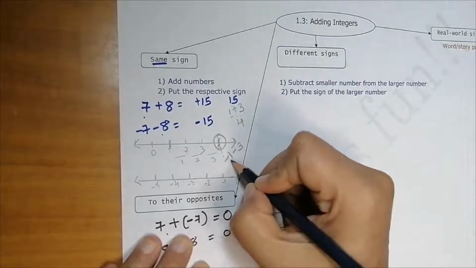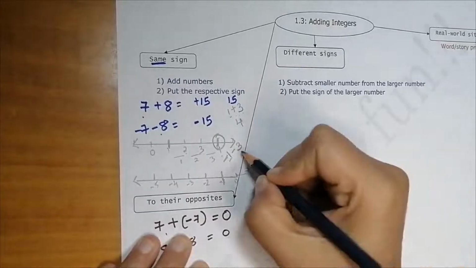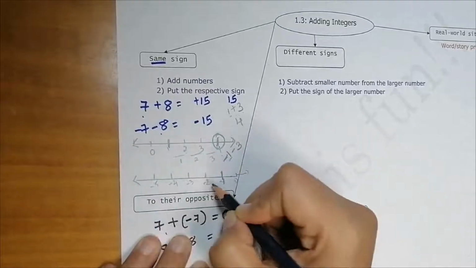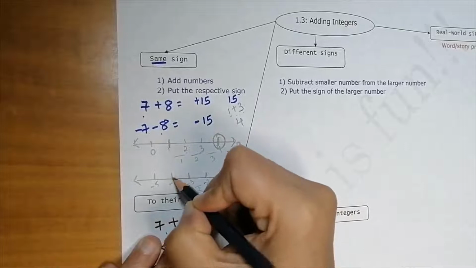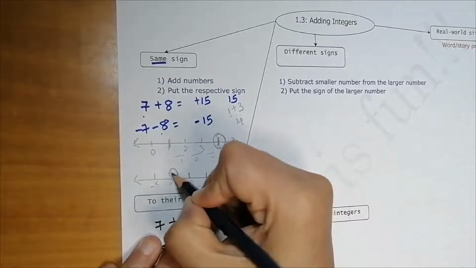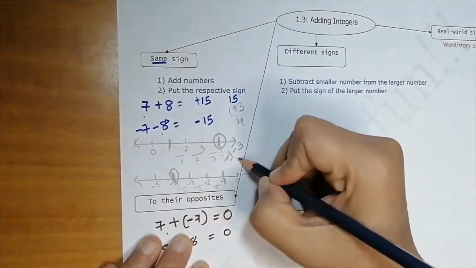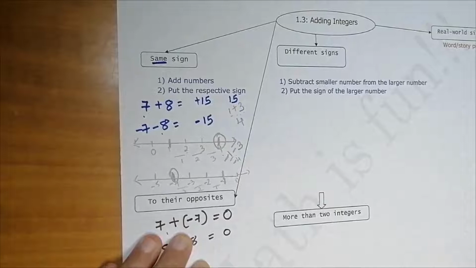So you go to -1 first. This is where you will start. Then it says -3. So you go to the left 3 numbers. This is 1 unit, second, and third. So this is where you reach, right? So -4. This is exactly how you do it on a number scale.